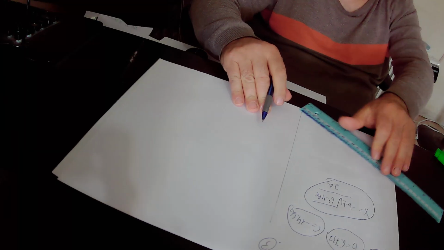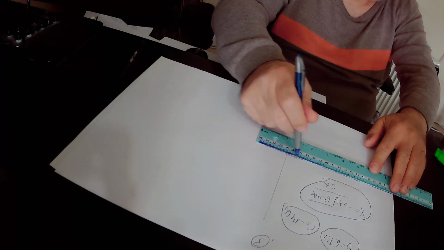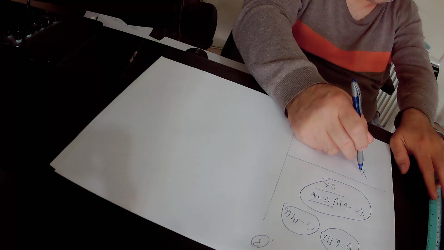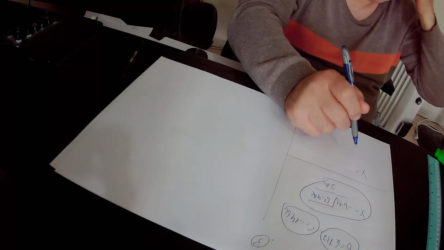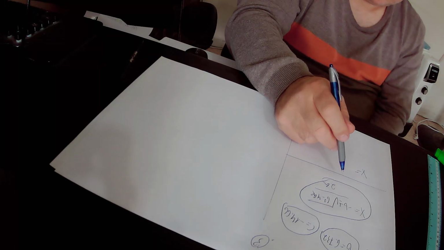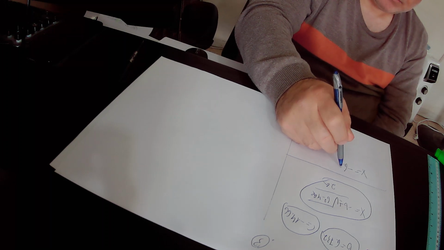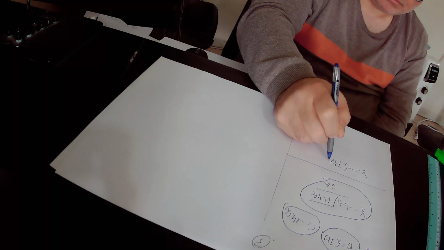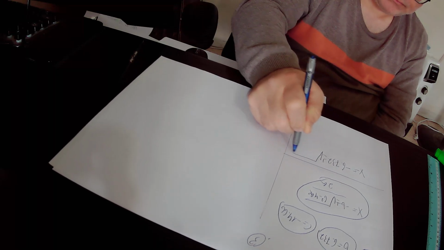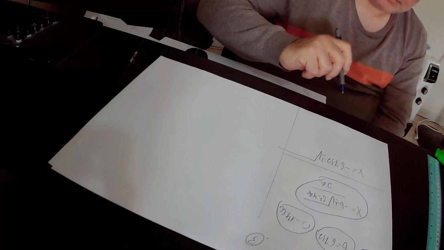We'll do it now and we'll get that x equals minus b. B is 6.732, therefore minus b is minus 6.732, plus minus the square root of b squared.